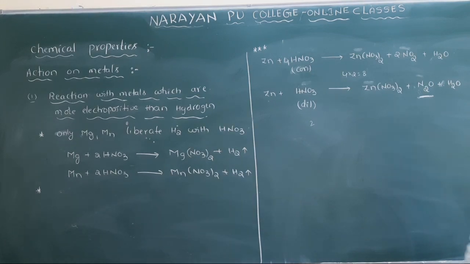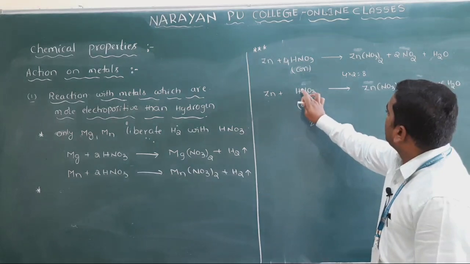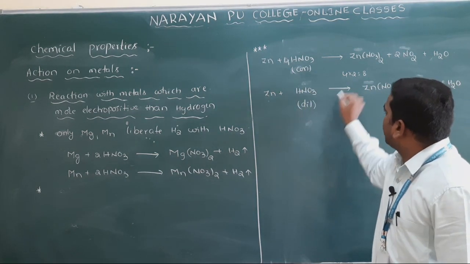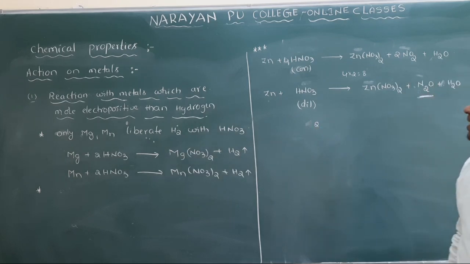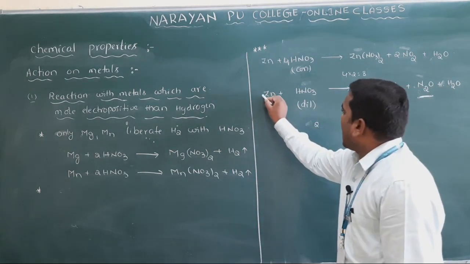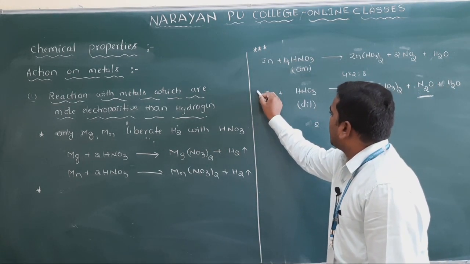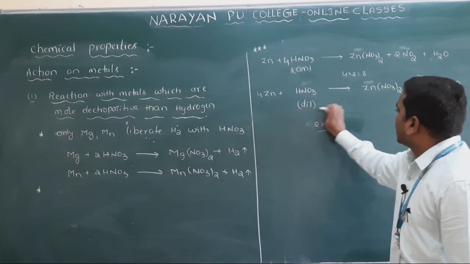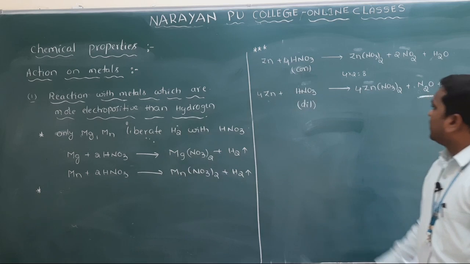Clear? Means 8 units decreased here and 2 units increased here. So I have to multiply this one with 4. If I multiply this with 4, then you get 8. So I will write here 4.